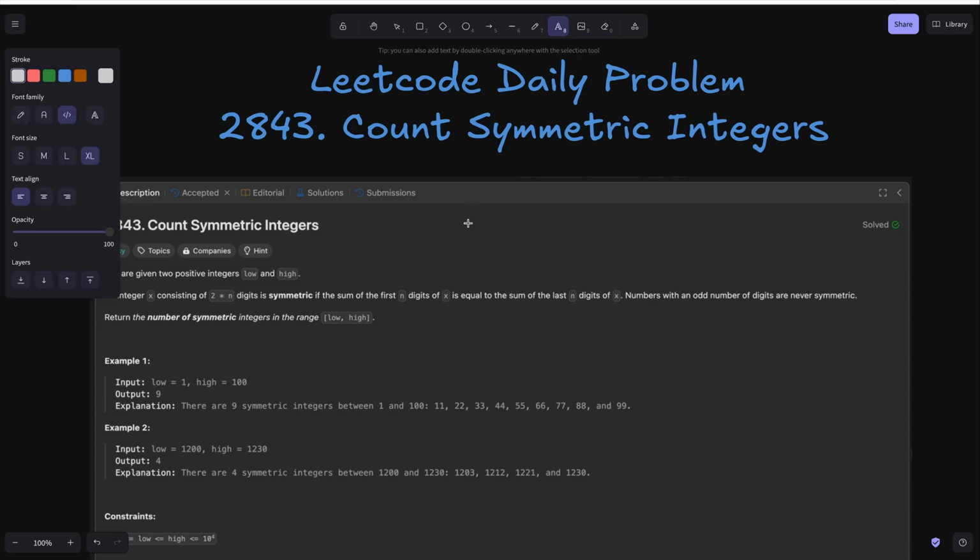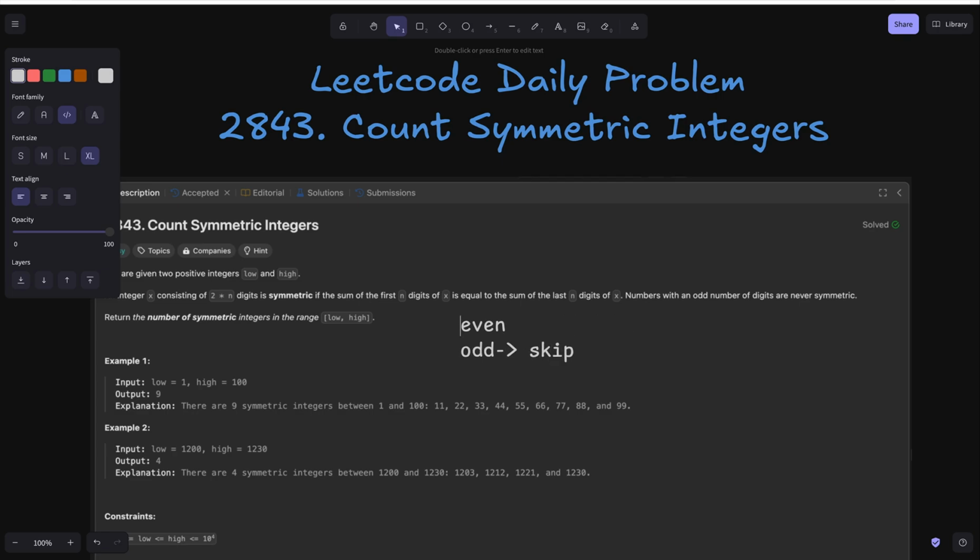So let's first understand what is meant by symmetric. We have an integer x which consists of 2 * n digits. 2 * n means first we want an even number of digits. If it is odd, then simply skip that.